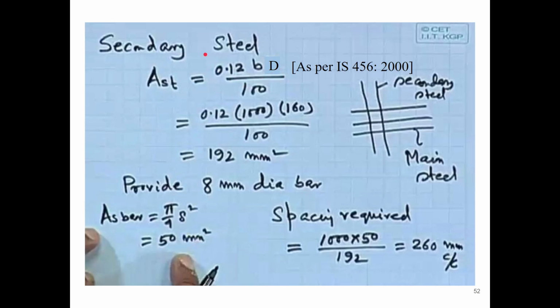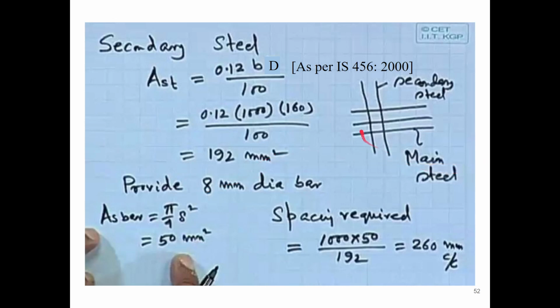That is the minimum steel required. Here D is the actual depth, not the effective depth. So the area of steel required is 0.12 B capital D percent, so we have to divide by 100. It is 0.12 into 1000 into 160 by 100, which comes to 192 millimeter square.